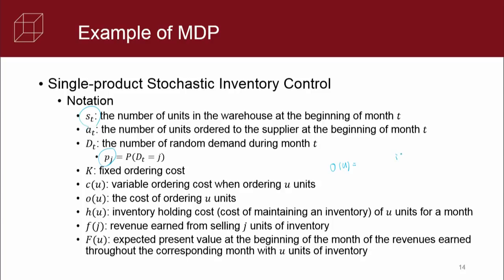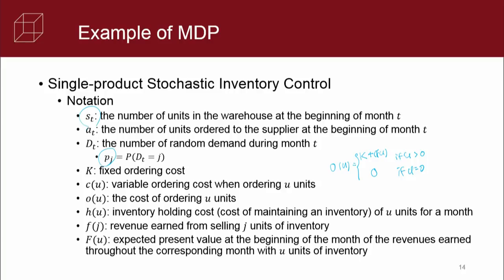If you order u greater than 0, you should pay the fixed ordering cost and the variable ordering cost as well, so K plus c(u). And if you order nothing, then O(u) is equal to 0 because you don't need to pay any money, because you did not order anything.